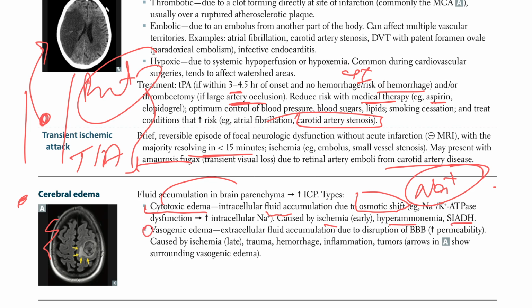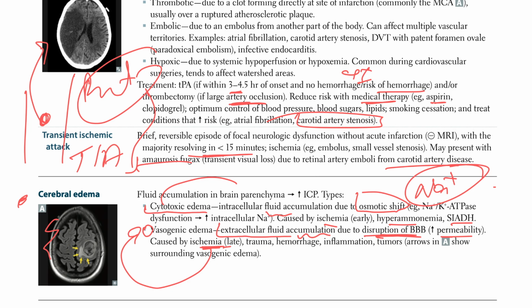Then you have vasogenic edema. Vasogenic edema is extracellular fluid accumulation due to disruption of the BBB, the blood-brain barrier, that causes an increase in permeability. The increase in permeability is caused by, again, ischemia, but late. High yield: late ischemia will cause vasogenic edema. And why is that happening?